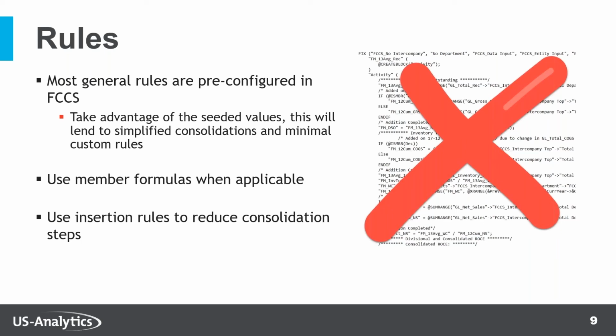And then there are some cases where people use rules to add in statistical values or compile additional information that's outside of your regular GL data. You can do that in FCCS as well, or rather than using rules for that type of thing, you can take advantage of the supplemental data manager, which is an additional feature within FCCS that comes with the application.